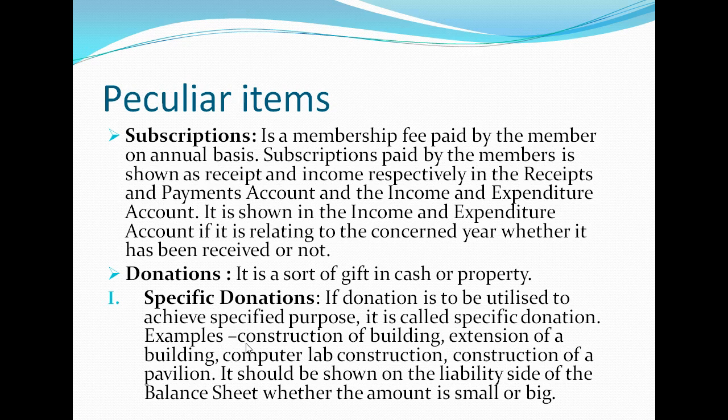These are donations meant only for specific purposes, like construction of a building, extension of a building, computer lab construction, or any other such nature of expenses. It should be shown on the liability side of the balance sheet whether the amount of donations is small or big.